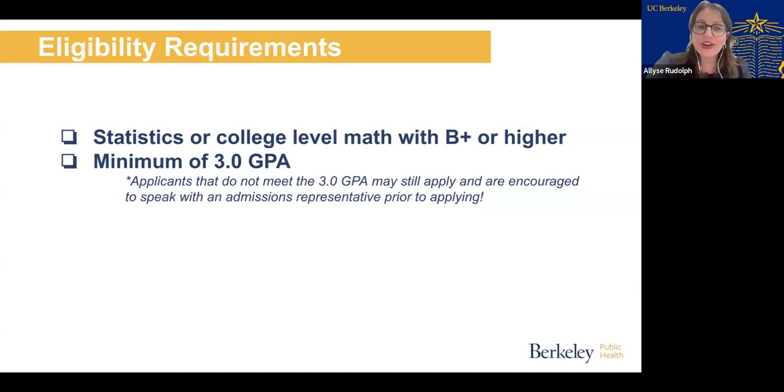We completely understand that things happen, and in some cases, your undergraduate was a long time ago and you don't feel it represents your academic abilities now. So we're happy to work with you and address your specific circumstances. But those are the prerequisite requirements to apply.